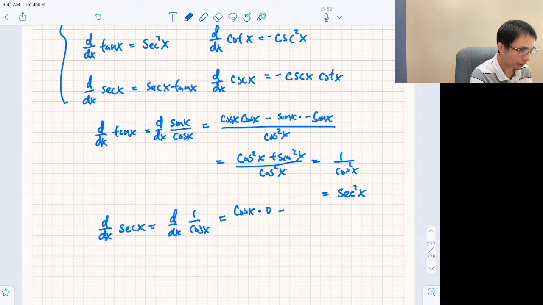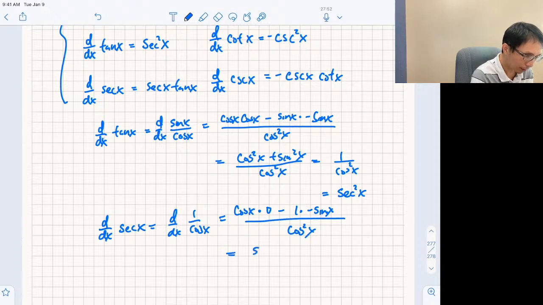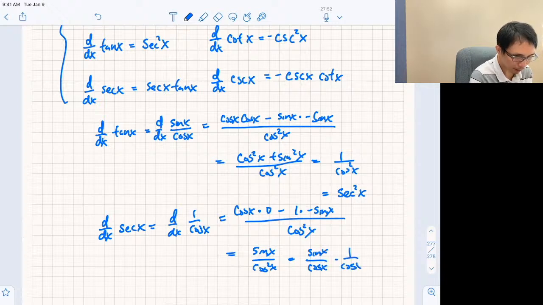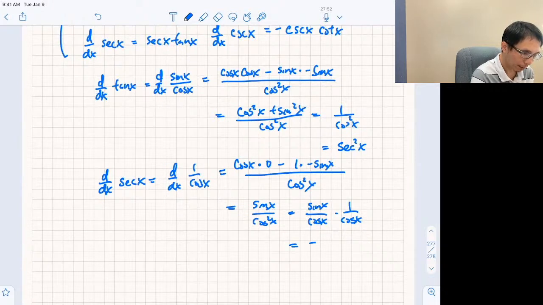So that goes away, right? Minus high, d low, which is negative sine of x, over cosine squared of x. So it would turn out to be sine of x over cosine squared of x. That's equal to sine of x over cosine of x times 1 over cosine of x. And that becomes tangent of x times secant of x. So it'll be secant of x tan of x.